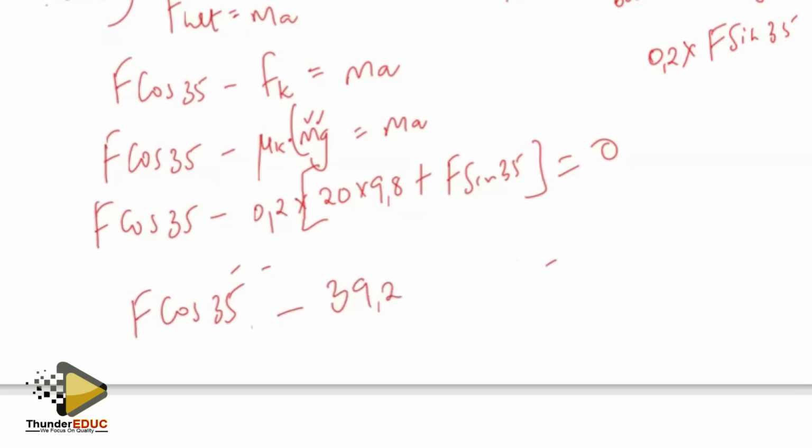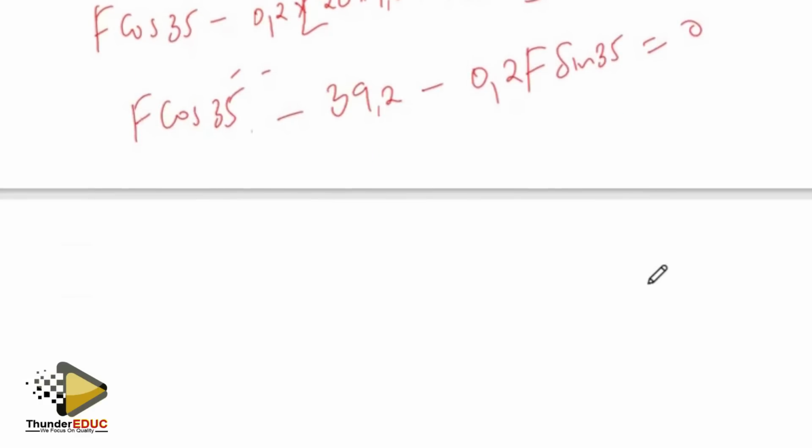And then if we open that up, we're going to subtract. What is 0,2 times sine of 35? That's going to give us 0,11. But why don't I just leave it the way it was? Just to say 0,2 F sine of 35 is equal to 0. Okay, so I'm going to move the 39,2 that side and then subtract this.